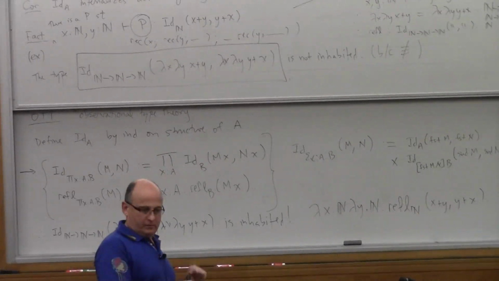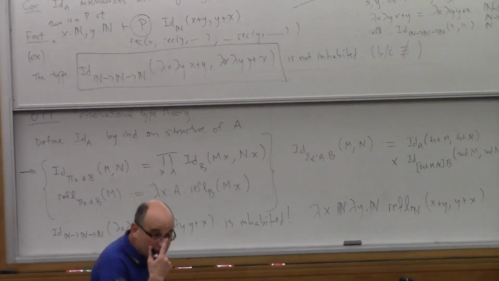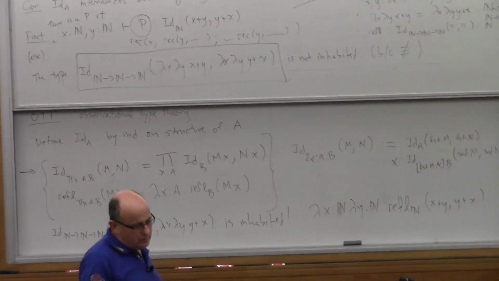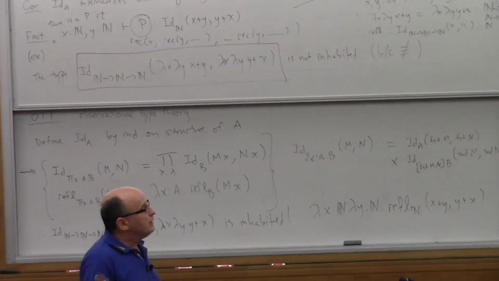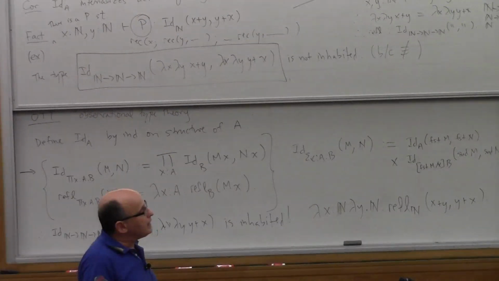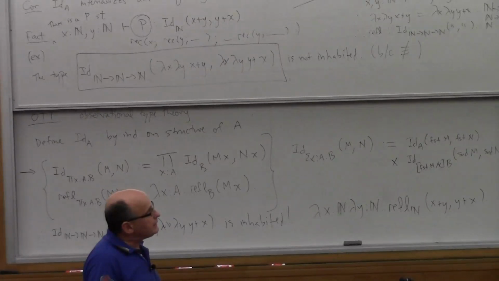There's another thing called OTT, observational type theory. Can we say observational type theory includes extensional type theory? No, I doubt it. But I'd have to think. I have to think whether those two theories are equivalent in all respects.